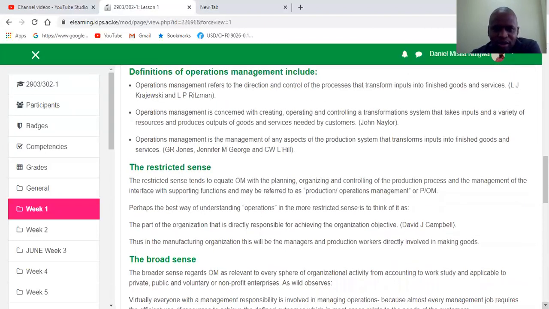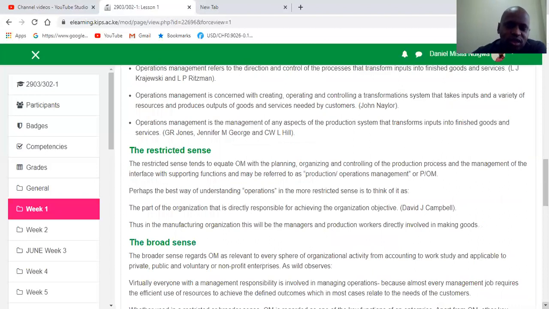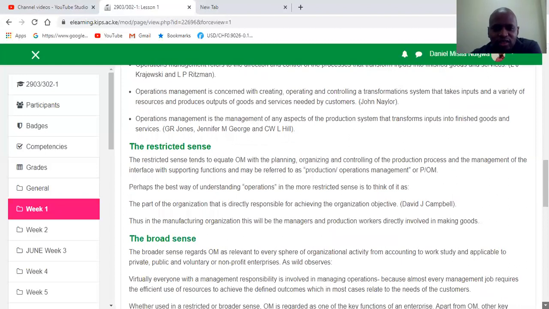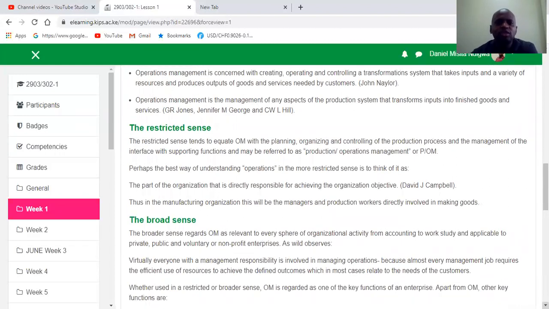So operations management can be viewed in two senses. We have the restricted sense and we have the broader sense. The restricted sense views operations management as the activity of planning, organizing, and controlling of production processes and the management of the interface with supporting functions, which may include production and operational management. The other sense of operations management is the broader sense.